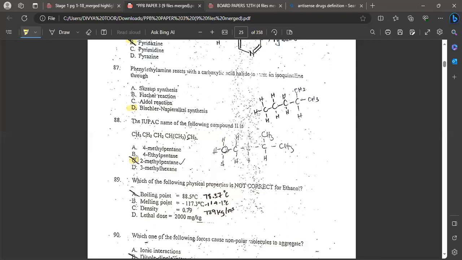Which of the following physical properties is not correct for ethanol? The lethal dose, maybe?